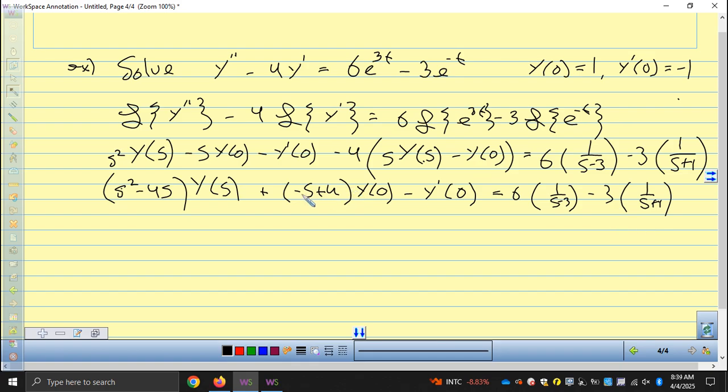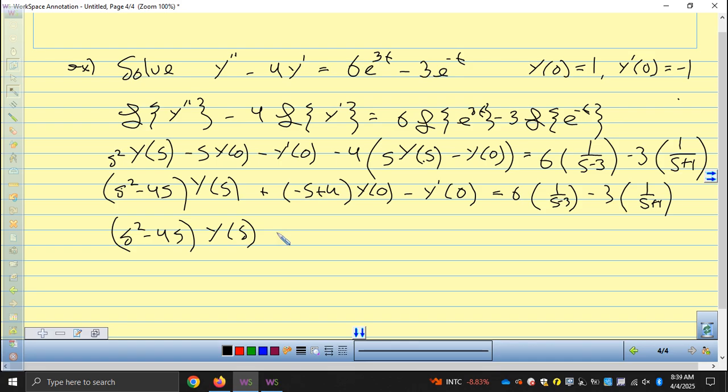Well, this is negative s plus 4, y0 is negative 1. So what do we end up with? s squared minus 4s, y of s, and y prime of 0 is negative 1.